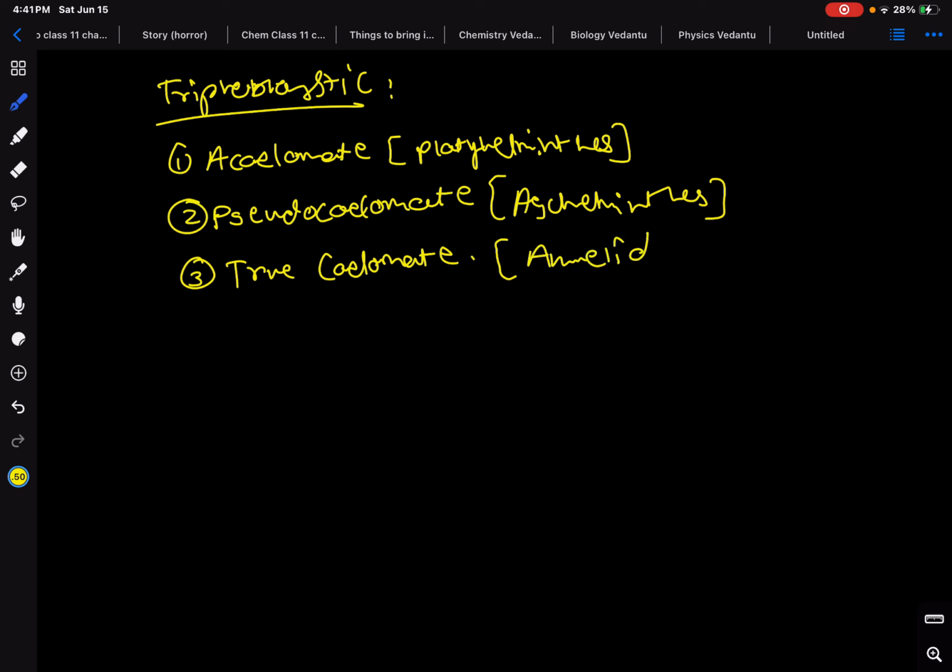Alright, so in pseudocoelomates the body cavity is not lined by the mesoderm. As you can see in figure B, it isn't lined by the mesoderm. It is just present in pouches, round pouches like this. But the body cavity isn't lined by it. Whereas in figure A, we can see the body cavity is lined like this by the mesoderm.